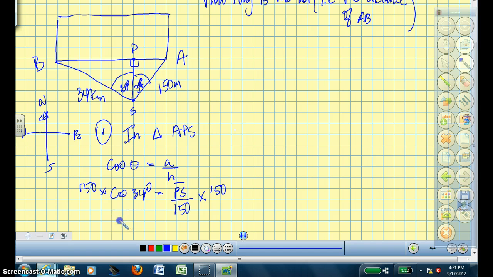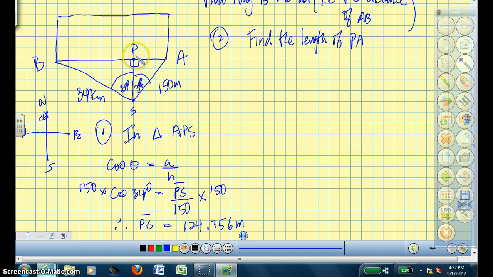Therefore, the length of PS is going to be 124.356 meters. If you multiply 150 times cos 34, you end up with this 124.356. Now I want to find the length of PA, which is this distance here, P to A.